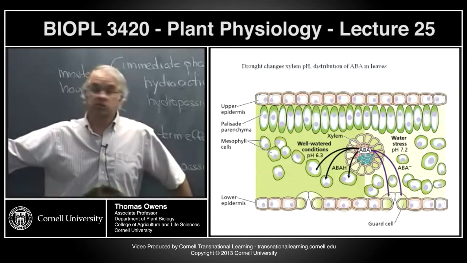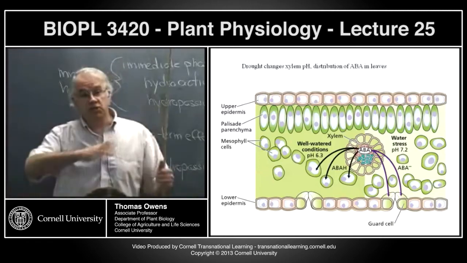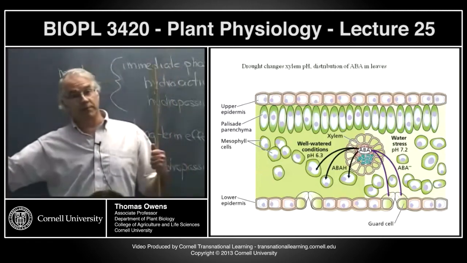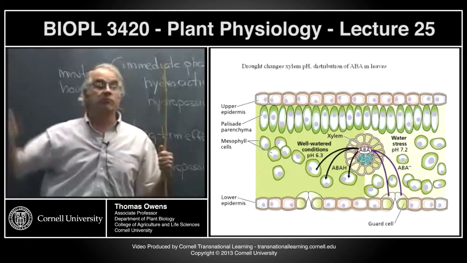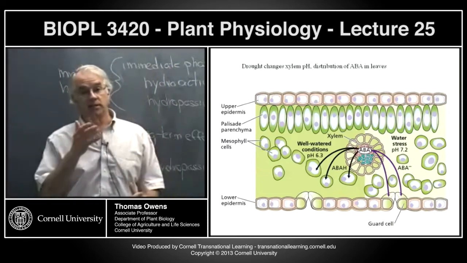But under water stress conditions, if the pH of the apoplast becomes more basic, you're shifting the equilibrium of ABA distribution from being primarily in the cells to having more of it in the apoplast.